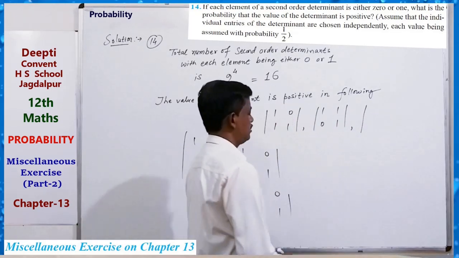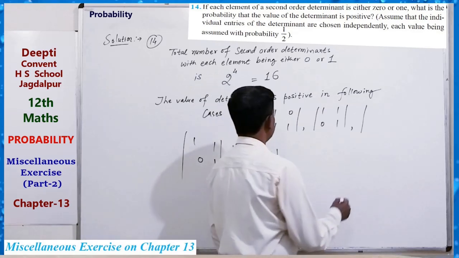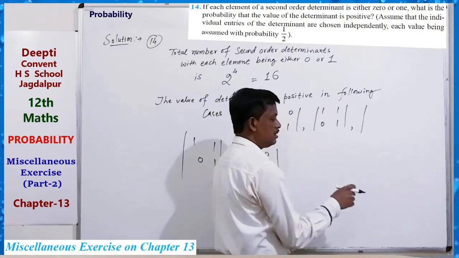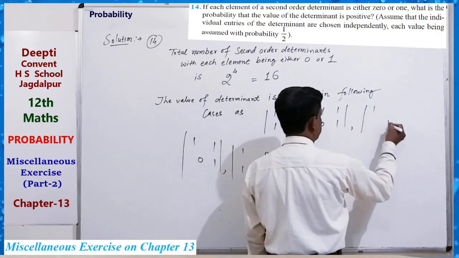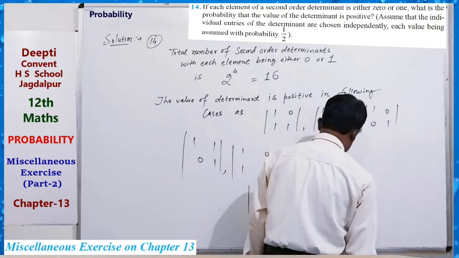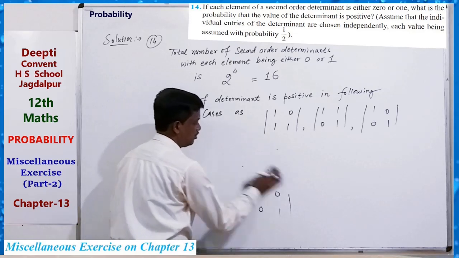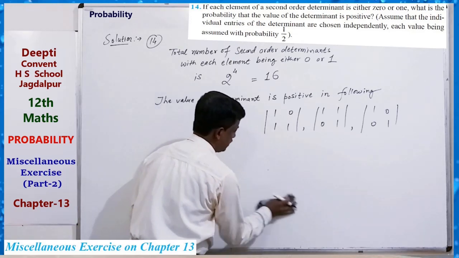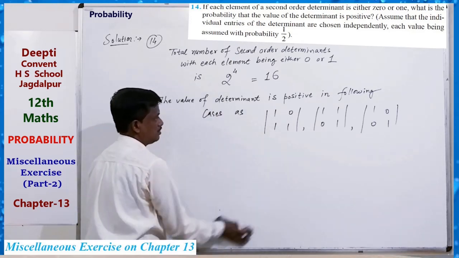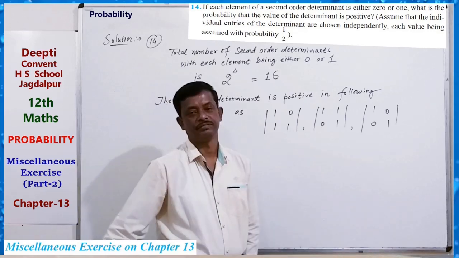And how can we write it the other way? 1 1 0 1, 1 1 0 and also here 1 1 0 0. Just see, except integral, just a matrix.